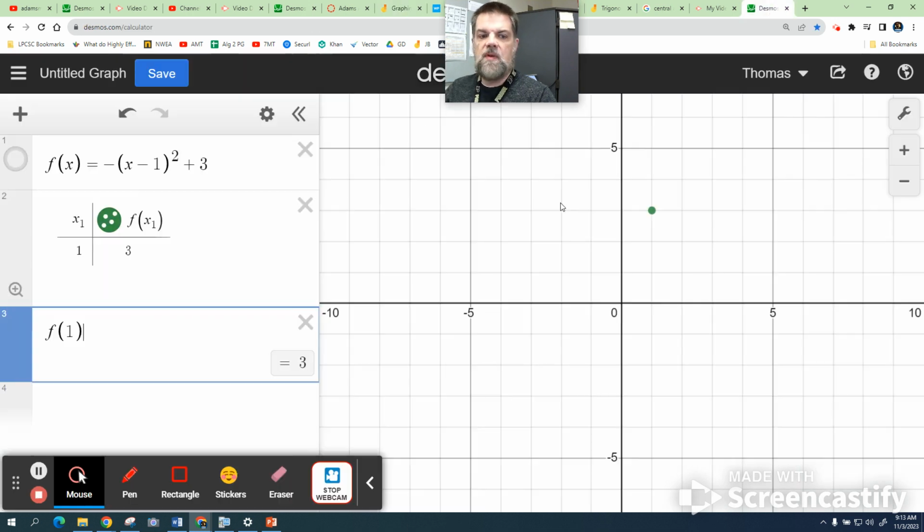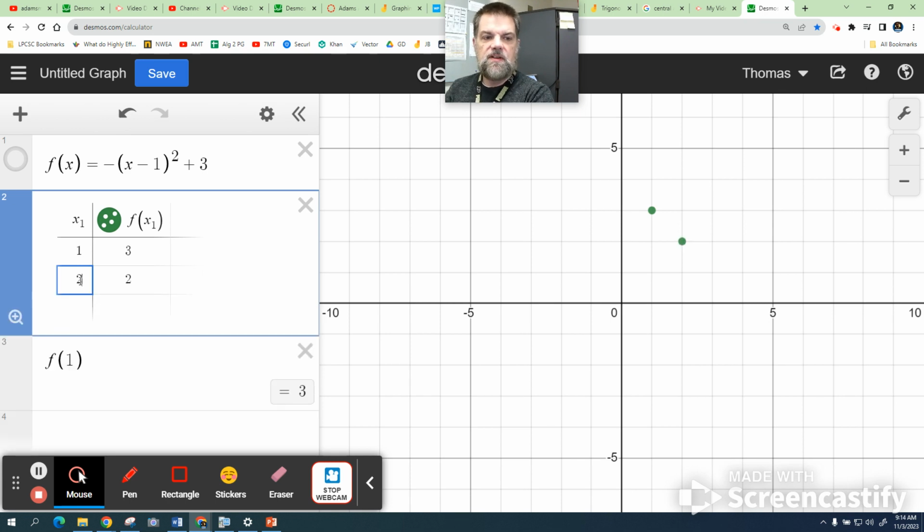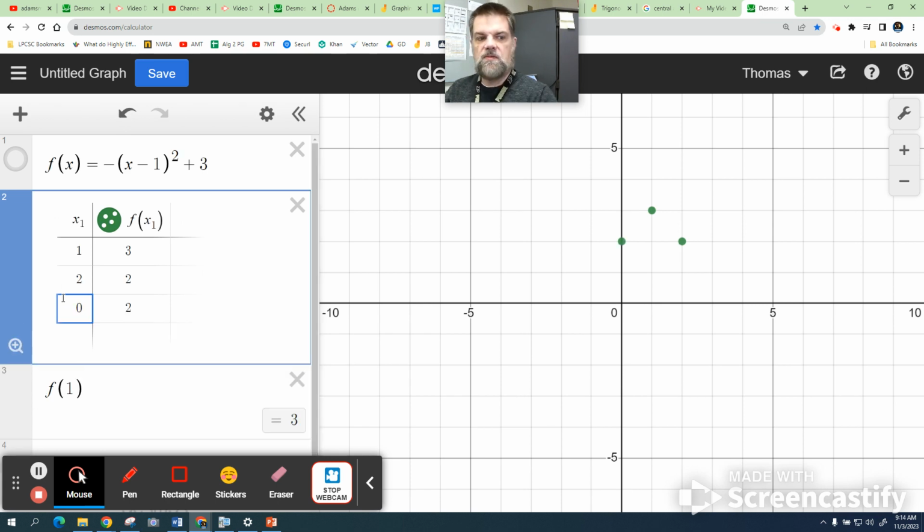What number? Now remember, we want to be close to 1, so let's go back up to the table. I'm curious about 2, so when I plug in 2, watch what happens. 2 equals 2, right? And then if I go in the other direction, what x value would I plug in next? 0, right? So if I plug in 0, boom.